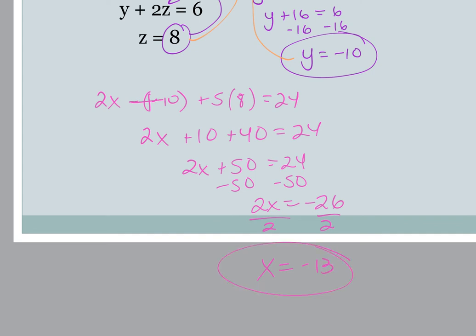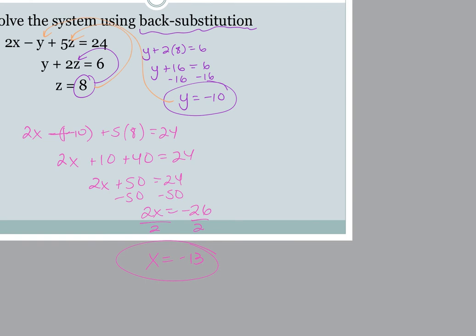My answer goes x, then y, then z. So negative 13, negative 10, 8. Easy stuff, right? Just taking and plugging in. Please be so careful with your signs.